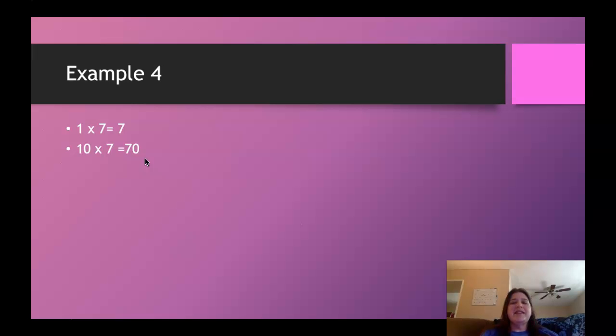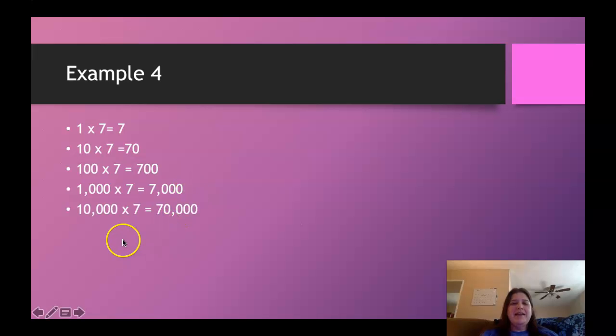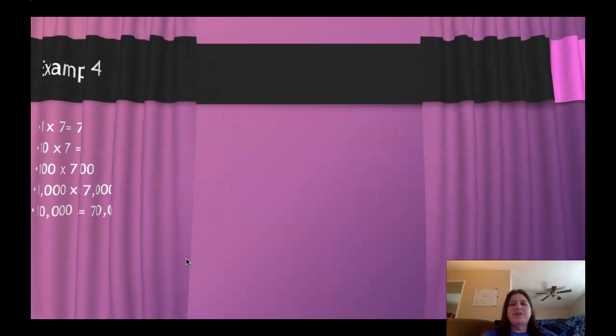And hopefully you see that it's a 7 with 2 zeros, just like the 100 has 2 zeros. The 700 has 2 zeros. And then we have 1,000 times 7, and that's 7,000, 3 zeros there, and 3 zeros there. And 10,000 times 7 is 7 times 1 is 7, and then we put the 4 zeros there.